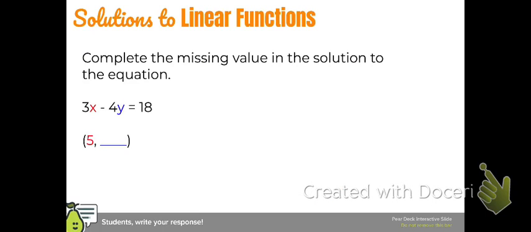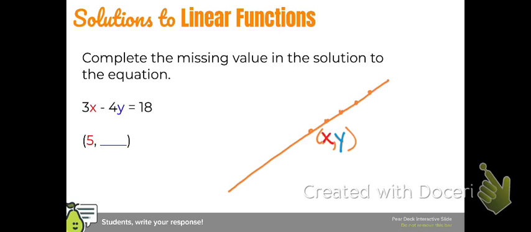The last thing I want to show you is a question like this. This is again making sure you understand that when you have an equation that has an x and a y, the equation is made up of points. These are x, y coordinates. These are solutions. If you put this x into the equation, it's going to give you this y.